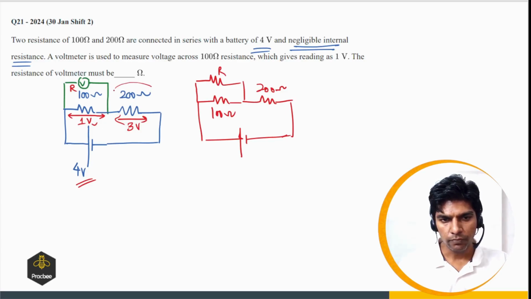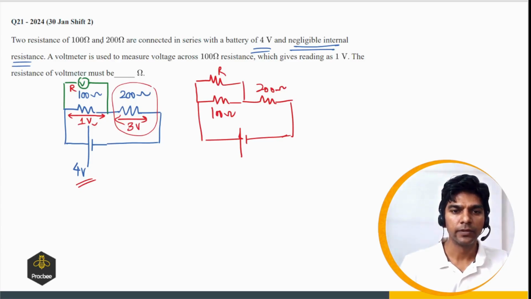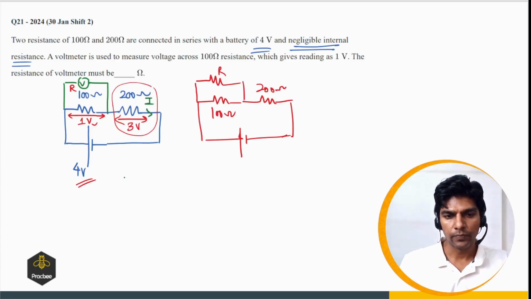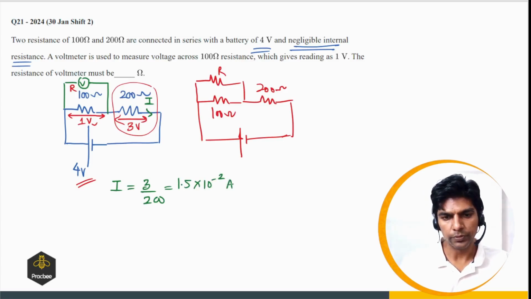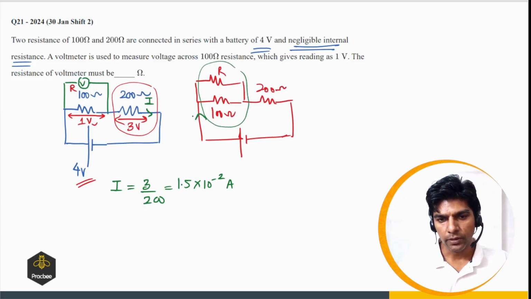So from 200 ohms we can find the current in the circuit. So let us do that. So the current I will be V by R. So it will be 1.5 into 10 raised to power minus 2 ampere. So that is the current. And the same current is flowing through these two resistors, right? So this is I. So this I is nothing but V by R. Now R equivalent for this parallel combination will be 100 R upon 100 plus R, right?